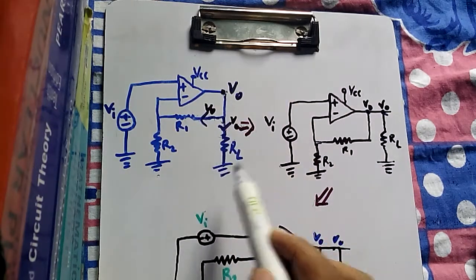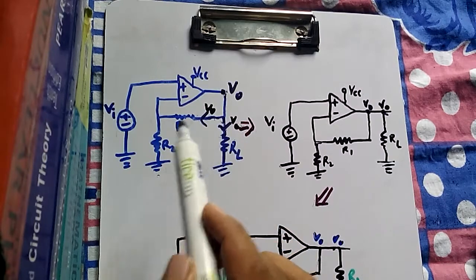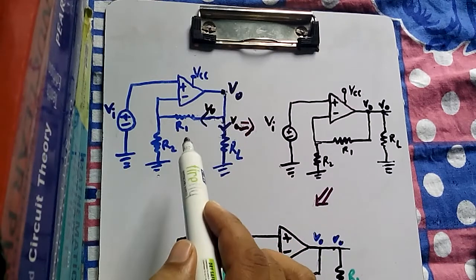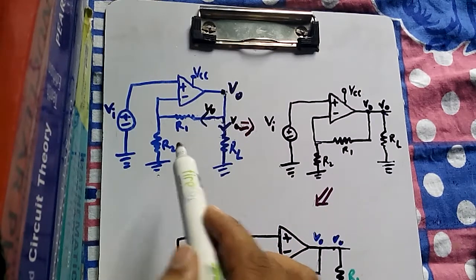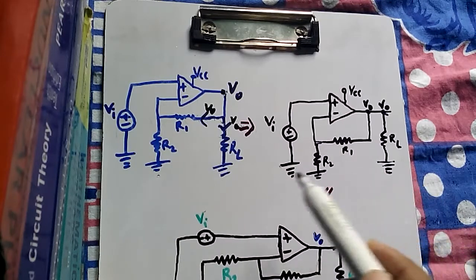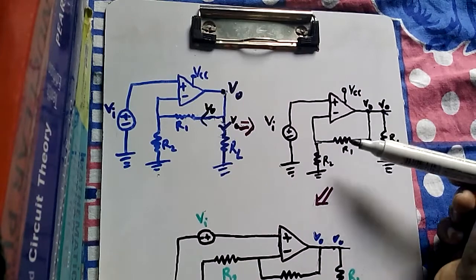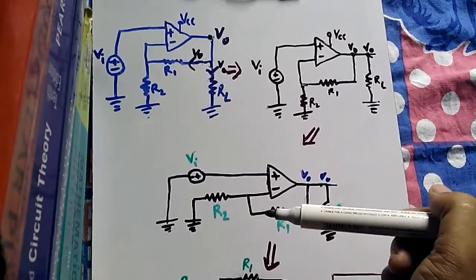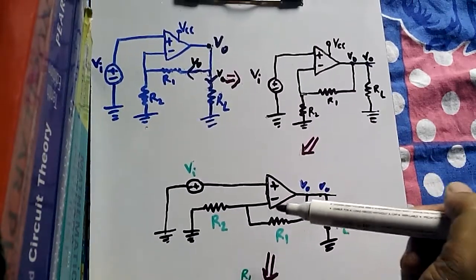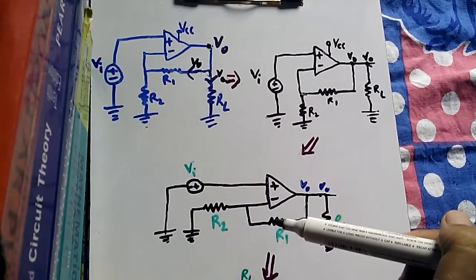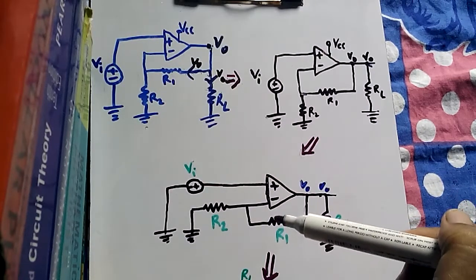That means the circuit that has been given in our problem, I can draw or simplify in this manner. Now I can write this circuit in this way. And how? See, I have made no change. There is no change in the configuration.